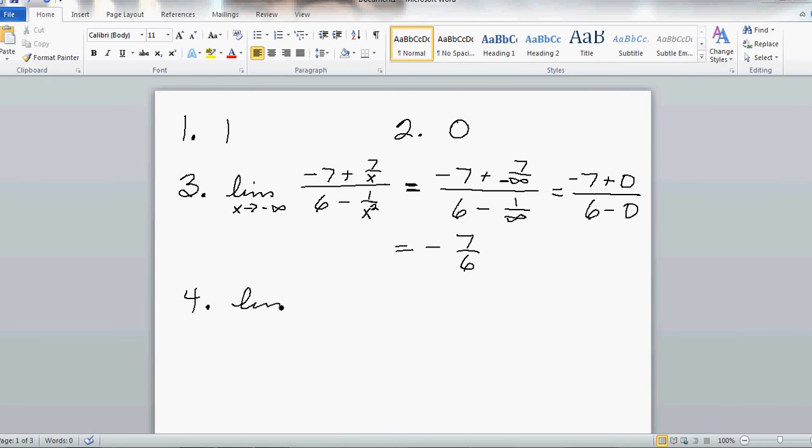Number 4, we're going to use the same reasoning on this problem. 2x cubed, except we have to do something just slightly different here.